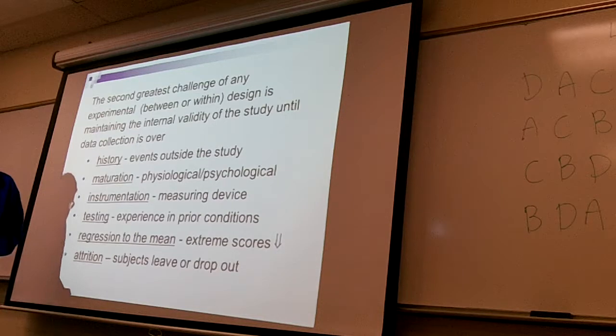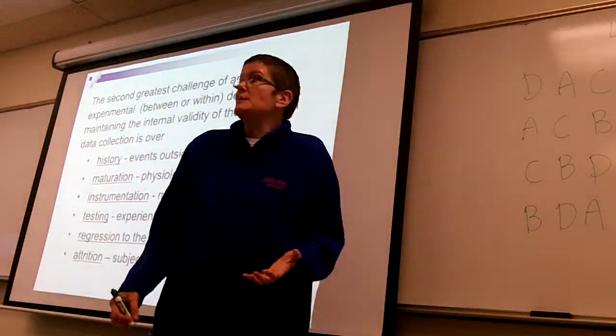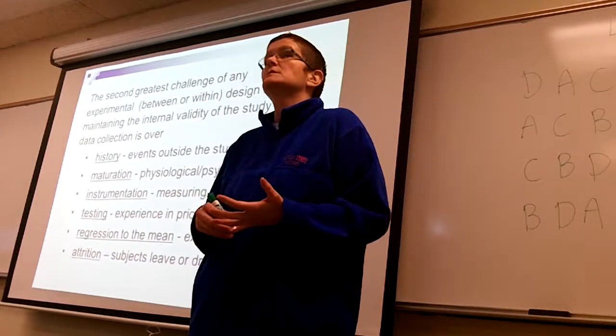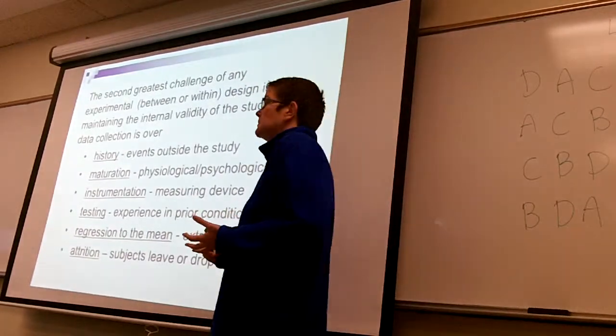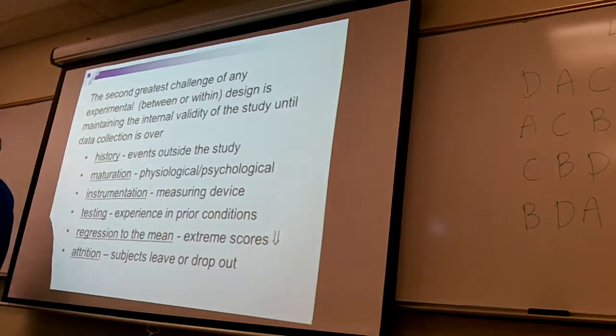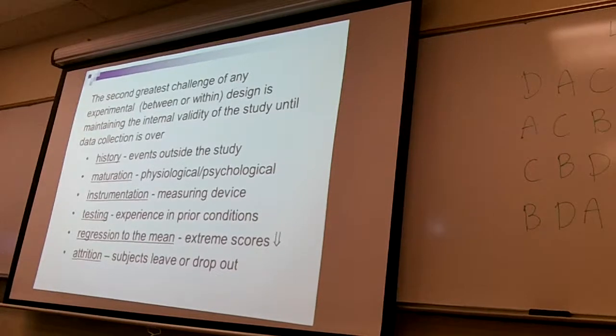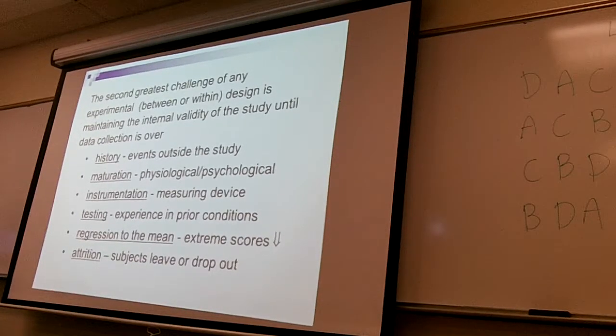Instrumentation. When you're gathering data, it's not uncommon to use instruments, like computers that record response time, or cameras that videotape what the subjects are doing. And equipment breaks down. Equipment wears out.